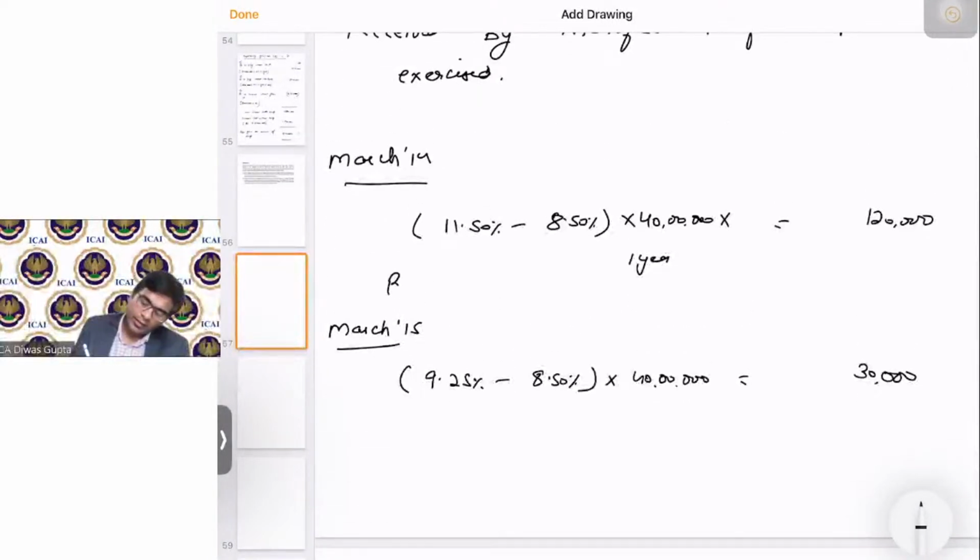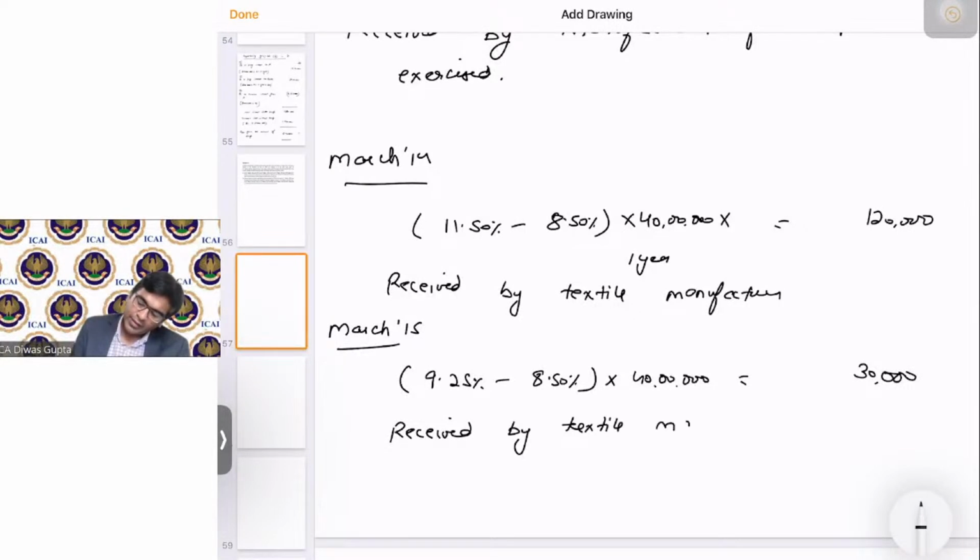This is again received by textile manufacturer. This is also received by textile manufacturer.